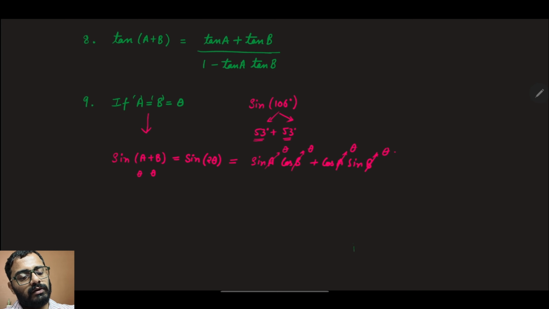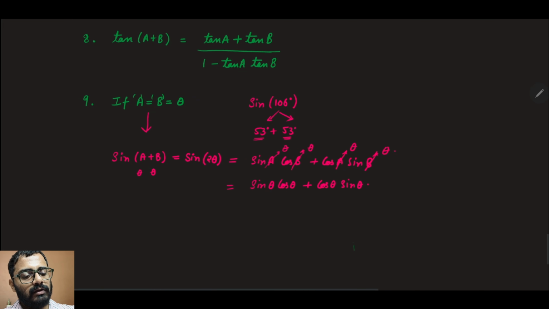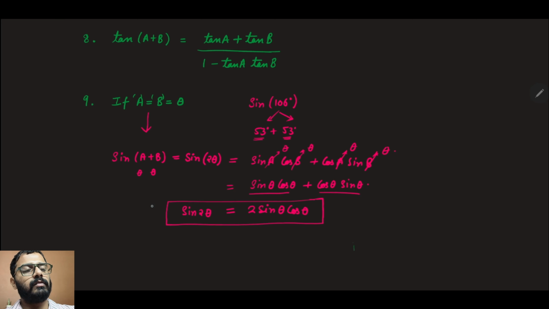So finally we have sine theta cos theta plus cos theta sine theta. Both the terms are the same, so they will get added. That finally gives you 2 sine theta cos theta. So we can remember this general solution: sine 2 theta is equal to 2 sine theta cos theta. This is also important, so you have to remember it.